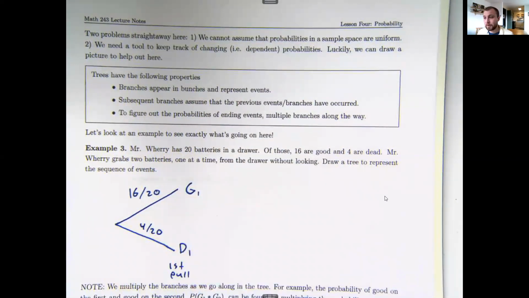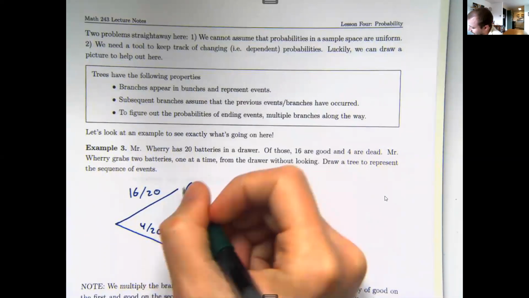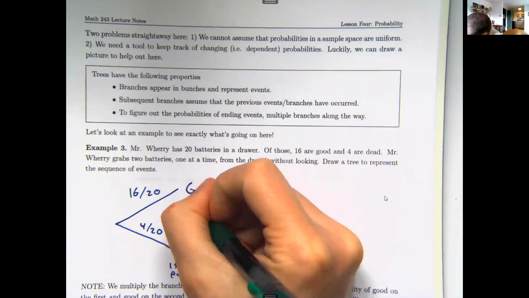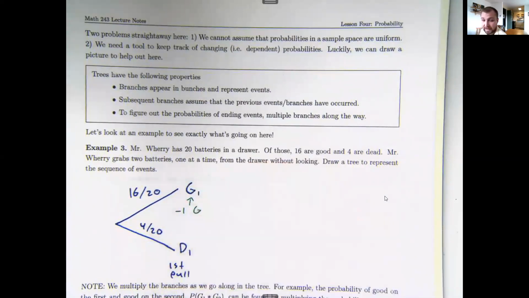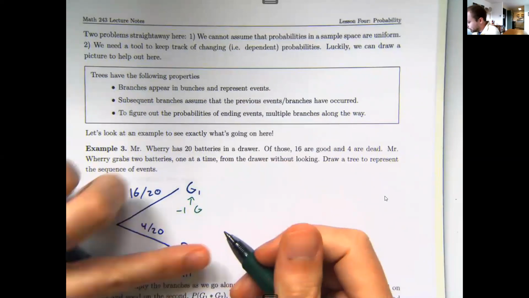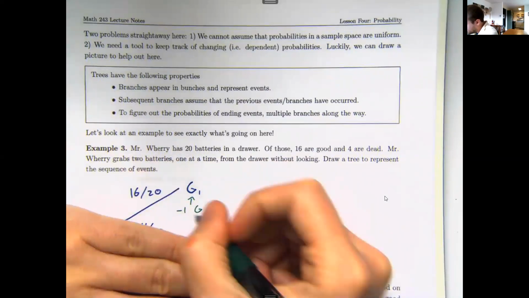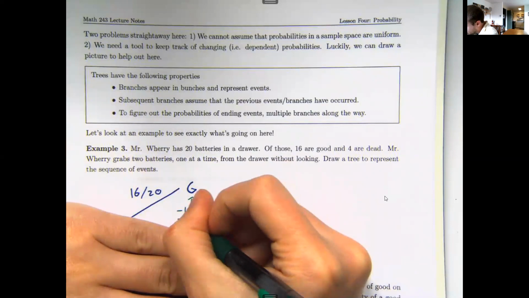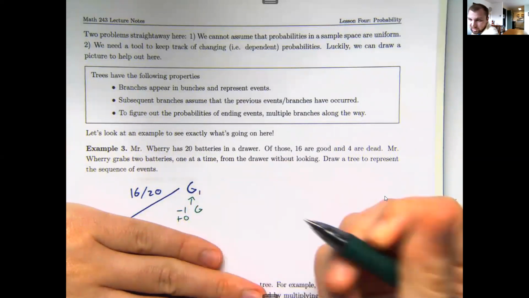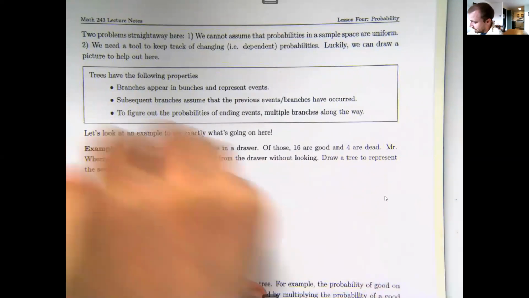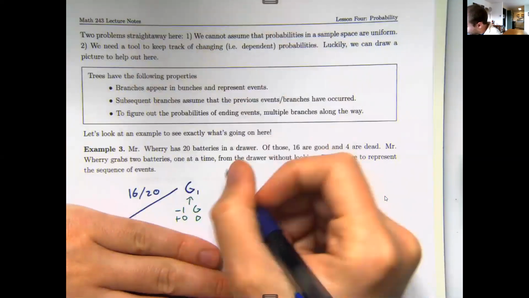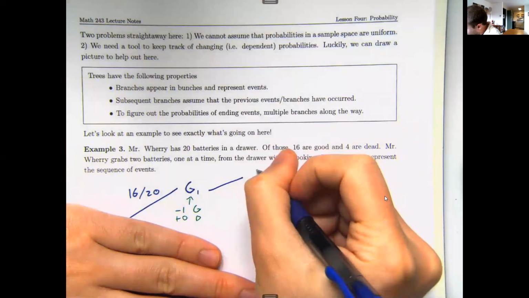Now I'm going to write in some notes here for myself. After this has happened, this means I have taken away a good battery from that drawer. And if I'm only looking at the top here, this means I have not changed, +0 or no change, to the dead batteries at all. So when I'm asking myself, well, what can happen on the second pull?